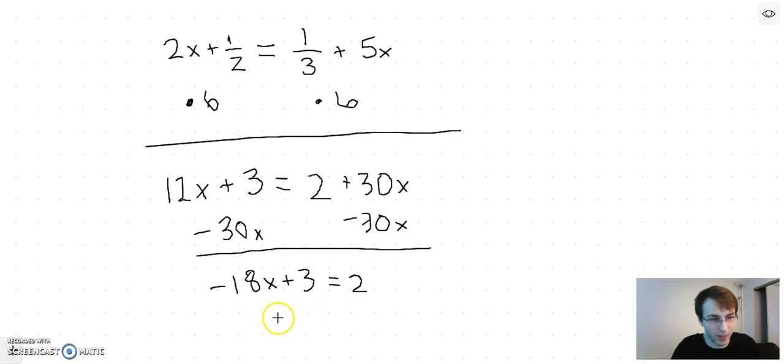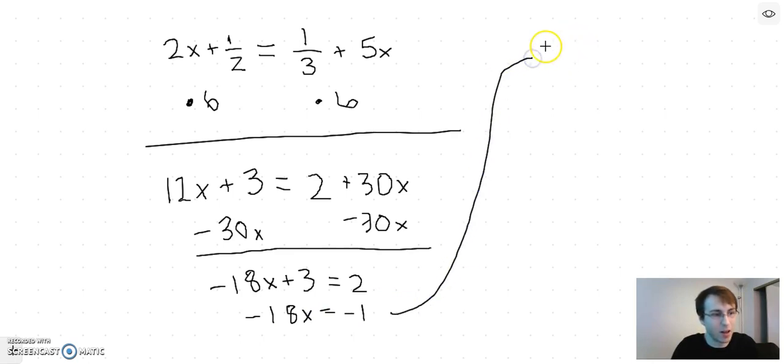I'm running out of room, so I'm not going to write down the minus 3. Just going to write minus 18x equals negative 1, because that's what you get when you minus 3 from both sides. And then now we can divide both sides by negative 18, or maybe it's easier to think about.